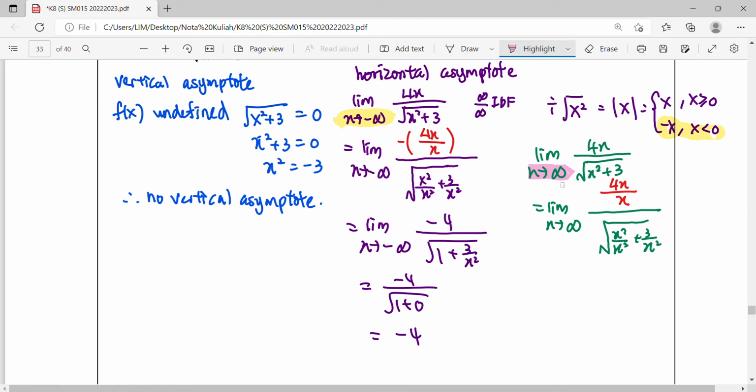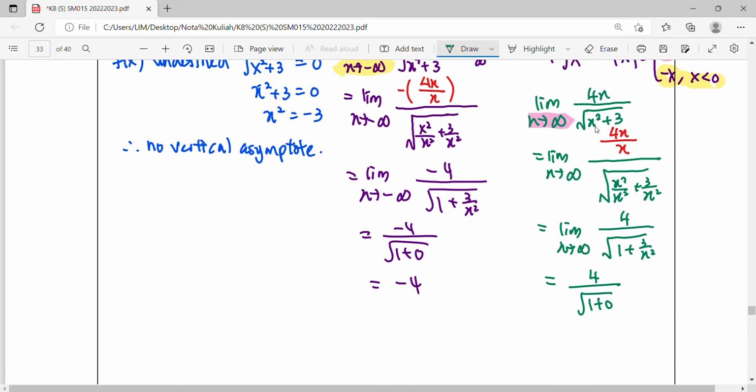Semakin ke kanan, your piecewise function from the modulus here is positive x. Alright. Simplify. 4 over 1 plus 3 over x squared. Substitute the infinity. 1 plus 0. So 4 over 1, we get 4.